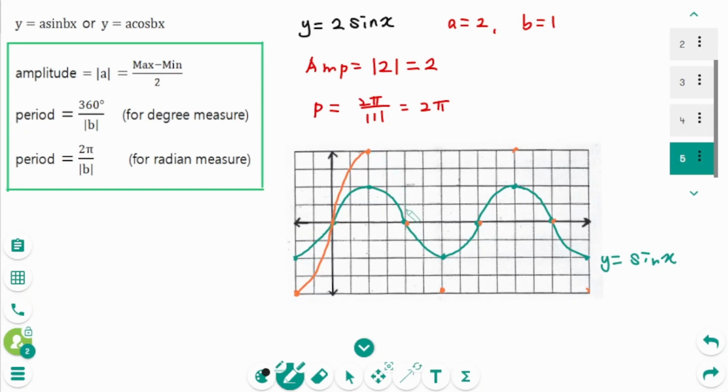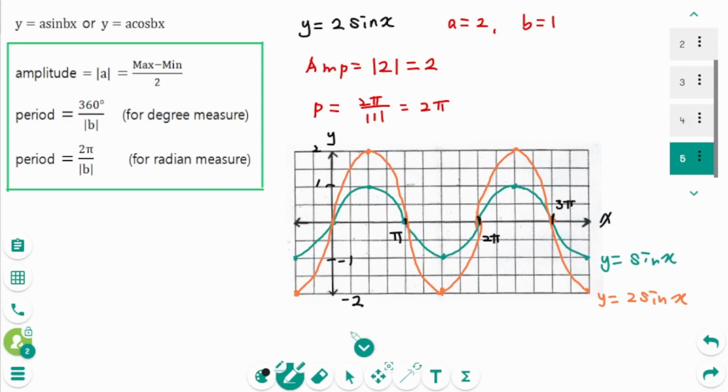Then concave down and up. Then keep the pattern. Then y equals 2 sine x, with 1, 2, minus 1 and minus 2, pi, 2 pi, and 3 pi.